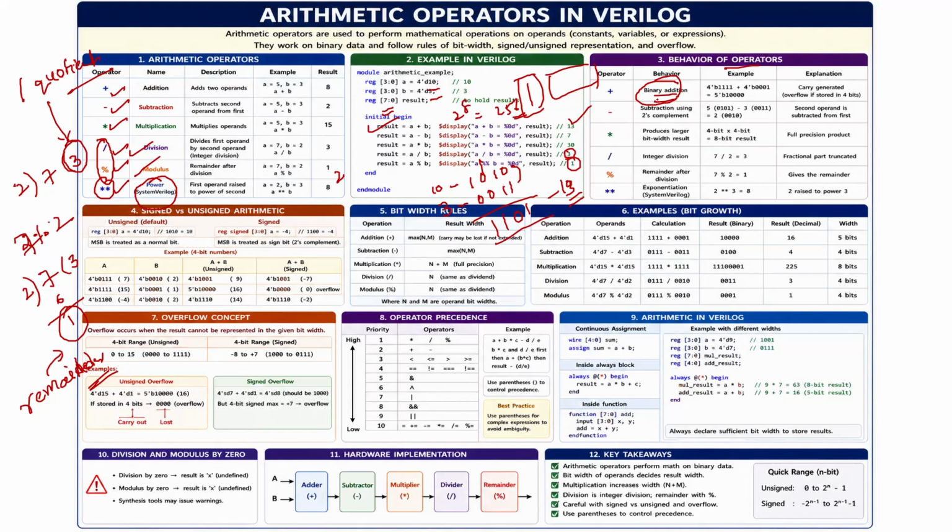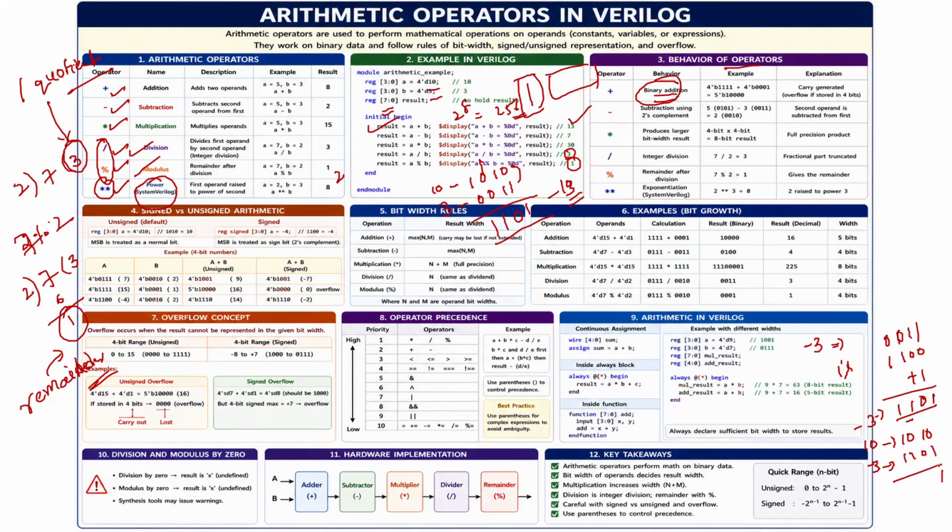And then subtraction. While doing the subtraction, you need to do the 2's complement. Suppose minus 3, for this minus 3 you need to do the 2's complement. 0011 is the normal binary representation. 1's complement, how do you do that? 1100. Then plus 1, so 1101. This is the 2's complement of minus 3. This value you need to add with 10. So 10 is 1010, and minus 3 is 1101.